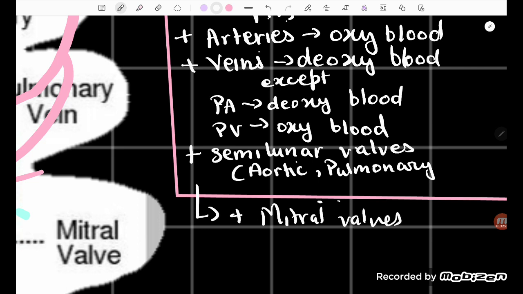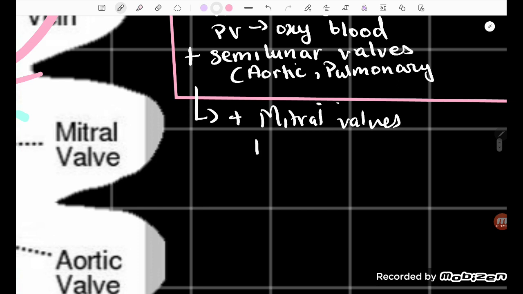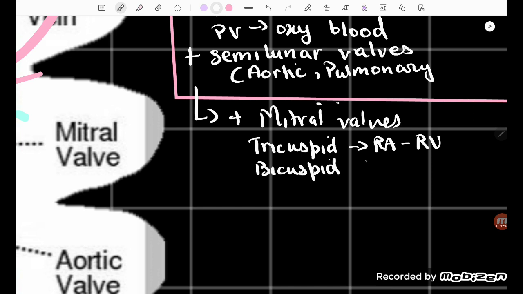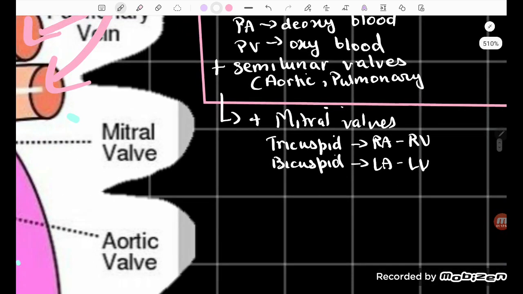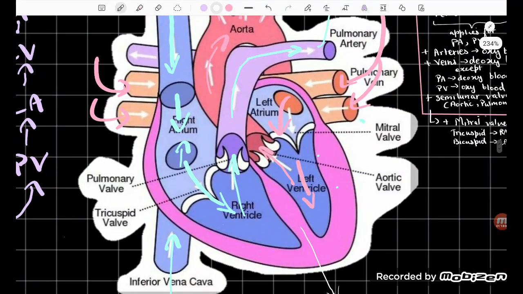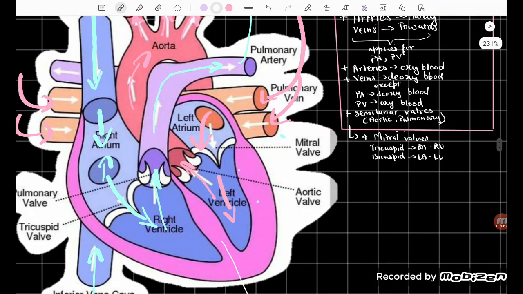So tricuspid is between right auricle and right ventricle. Bicuspid is between left auricle and left ventricle. So if you ever get confused in semilunar valves, aortic and pulmonary, there is something I can tell you to remember. You have to just look at where the aorta and pulmonary arteries are, okay? And you'll figure it out.